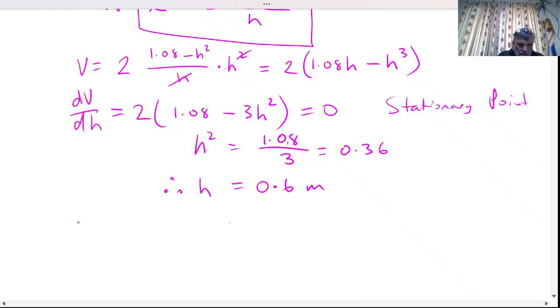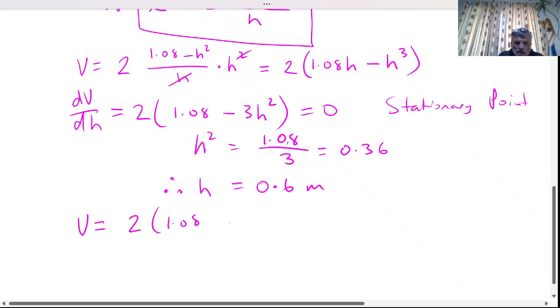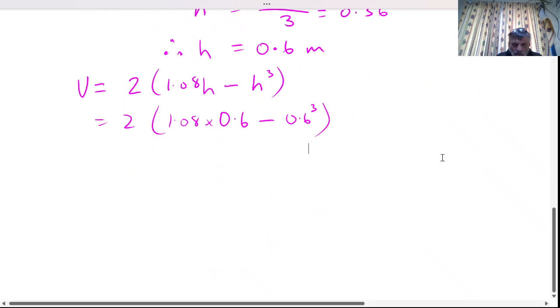What's the volume? We've got a formula for that. Here it is: 2 times 1.08h minus h cubed. So that's 2 times 1.08 times 0.6 minus 0.6 cubed. We can do this on a calculator.